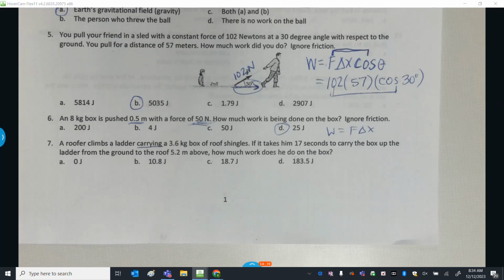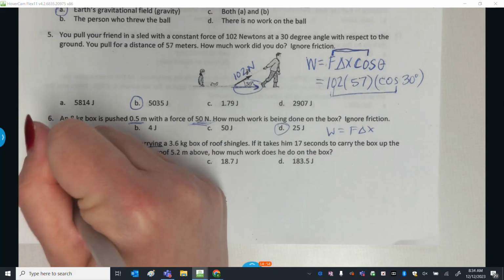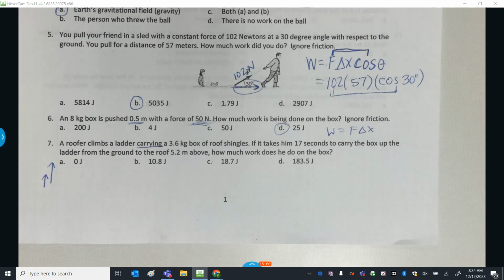You're applying a force upward to support the weight of this box, but you're also moving upward. So this is work. If you're climbing and carrying something while you climb, that's work. Whether it's stairs or a ladder, whatever it may be, because now my force and my displacement are in the same direction. They're parallel. It's not the same as carrying it across the room.